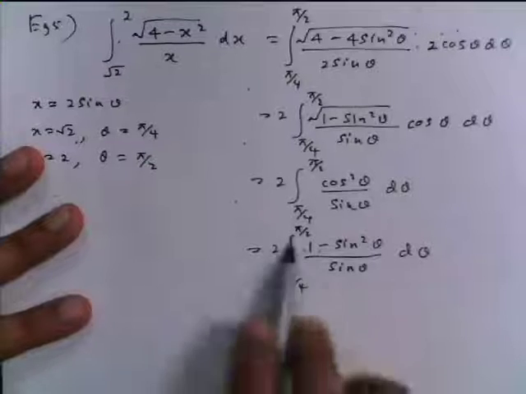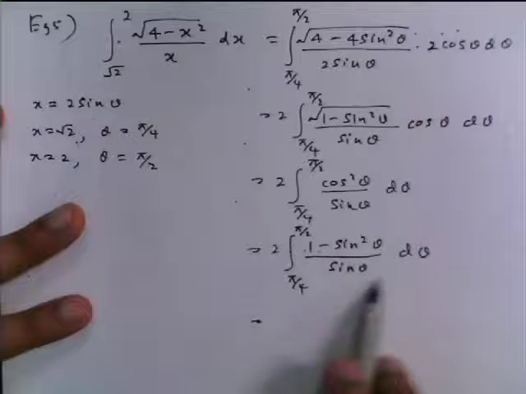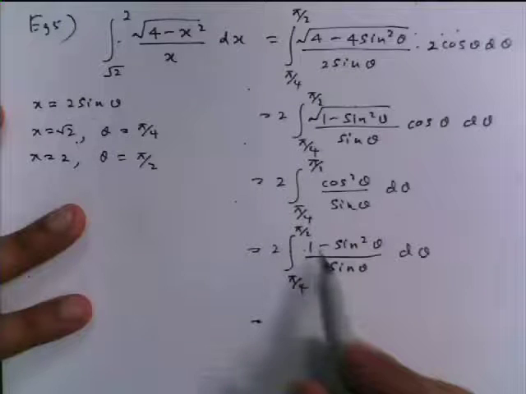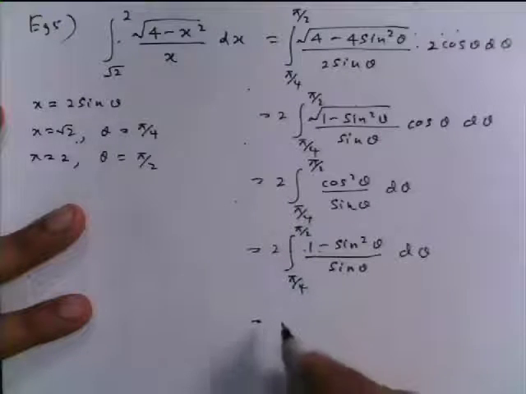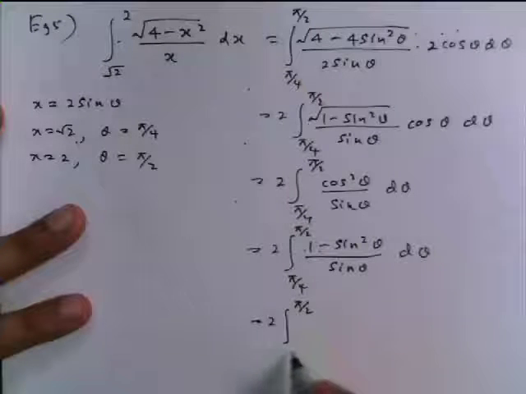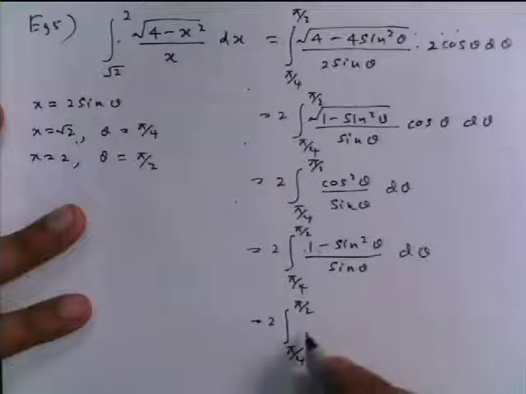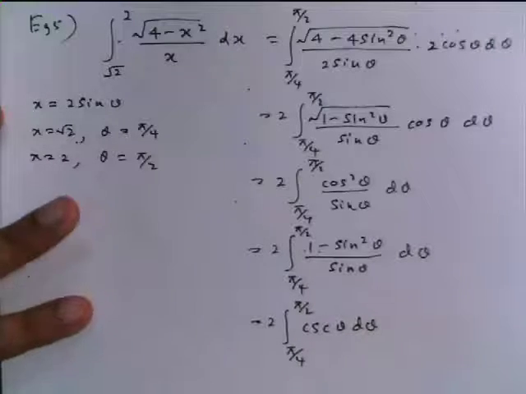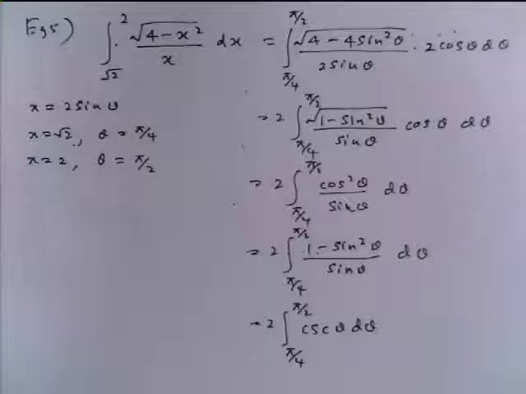Now you can write this as 2 integrals. With the first one, it is 2, from pi over 4 to pi over 2, of cosecant theta d theta. That's the first one. Is that right? Because 1 over sine means cosecant.